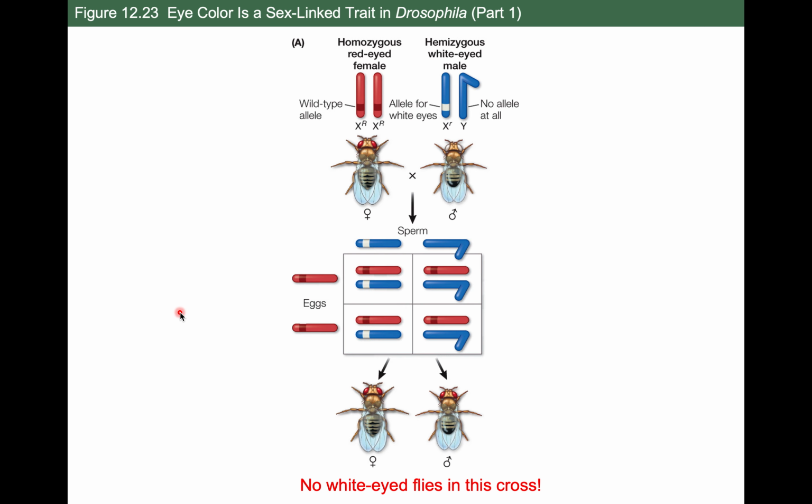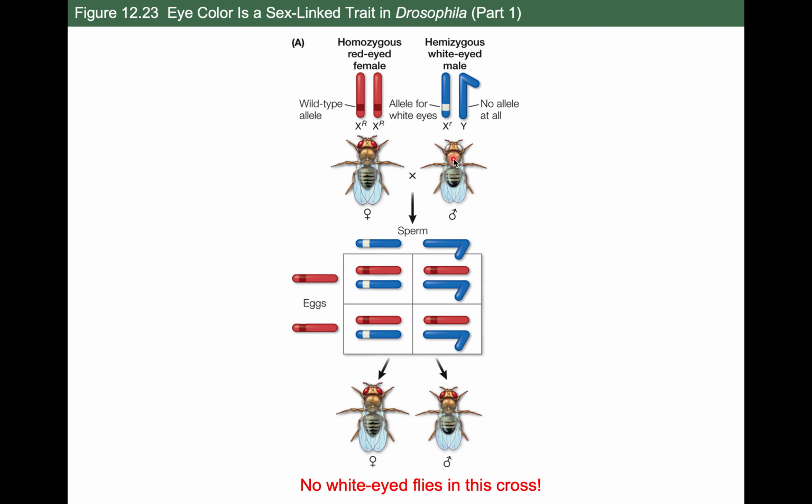So I don't want to get too deep into it, but the essence of it is if you see traits that appear a lot more often in males than in females, like the eye color gene in this particular example, that suggests that that gene is sex-linked and is probably located on the X chromosome.